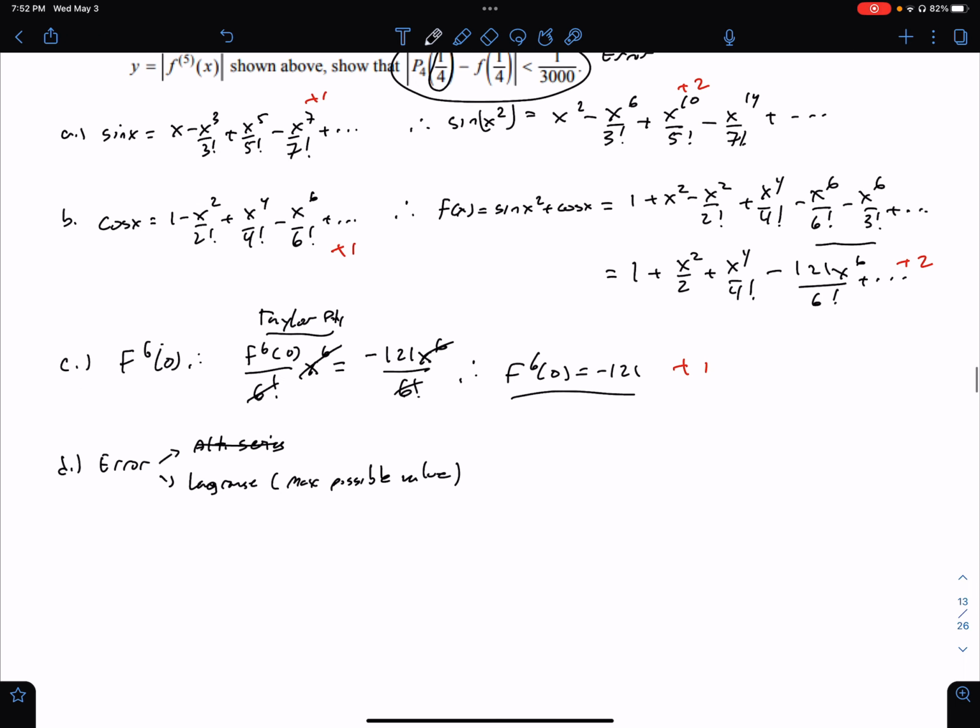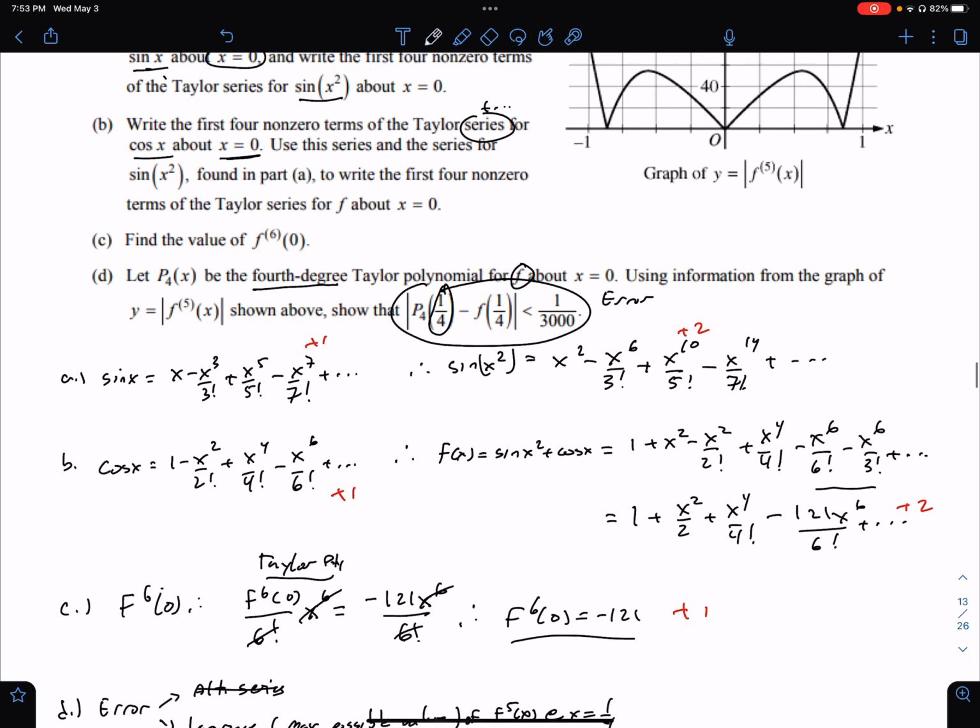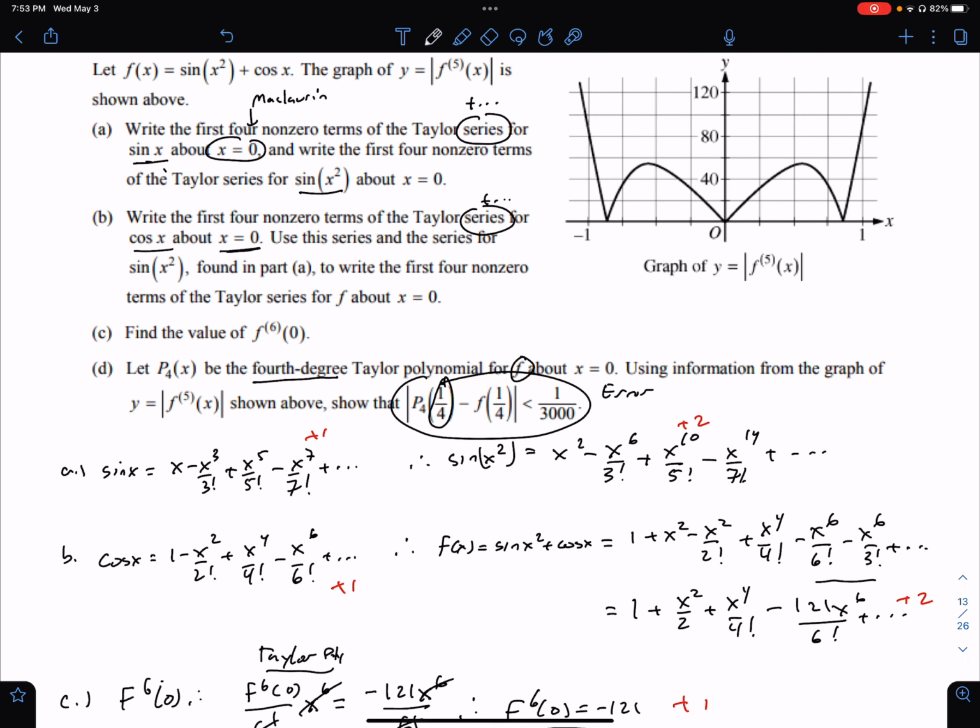So we want the maximum possible value of the 5th derivative at x equals 1/4. If we go back up to our graph, here is 0, there's 1, and x equals 1. Well, 1/4 is right here.